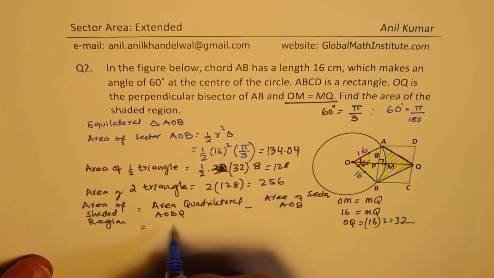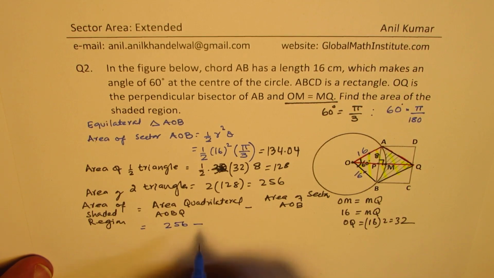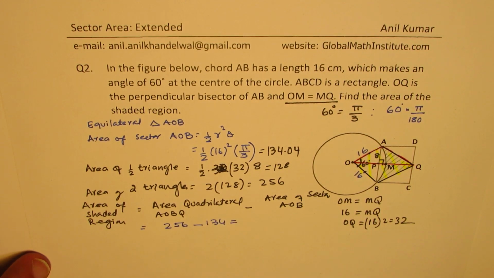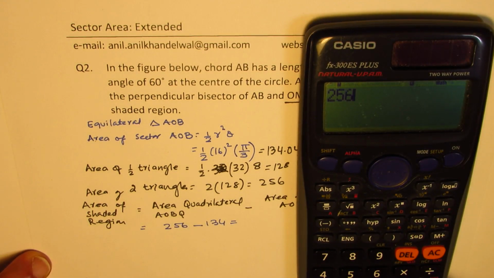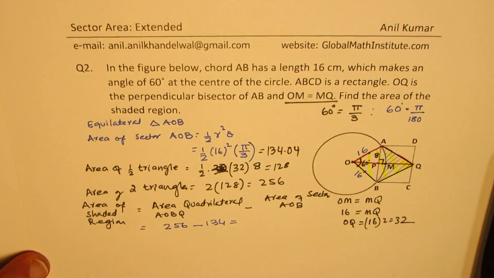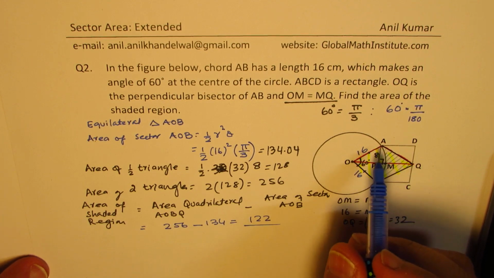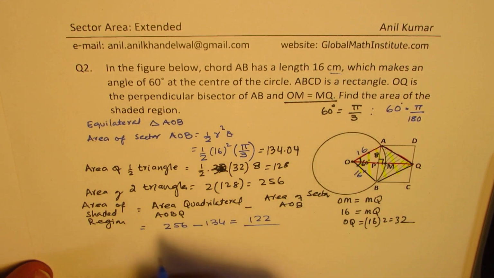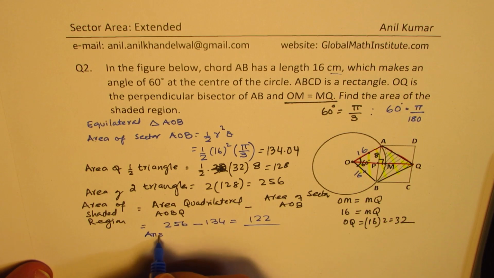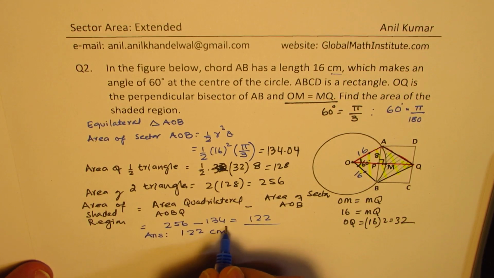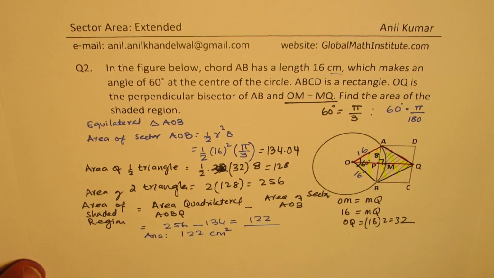So area of quadrilateral is 256, from which we'll take away area of sector which is 134. Right? And we get what? 256 minus 134, 122. So that is the answer. 122 units are centimeter square. So 122 centimeter square is the area of shaded region.